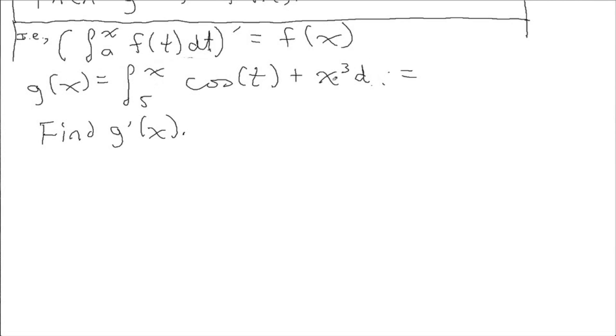Remember that we actually have to use the variable t inside of the integral. So I messed that up. Did I get that right now? Okay, now I think I have it correct. Okay, so they're asking us to find the derivative of g, but you can see here that g is just one of those area so far functions. So this is a good chance to use the Fundamental Theorem of Calculus, part 1.